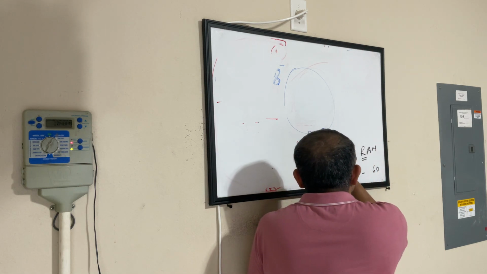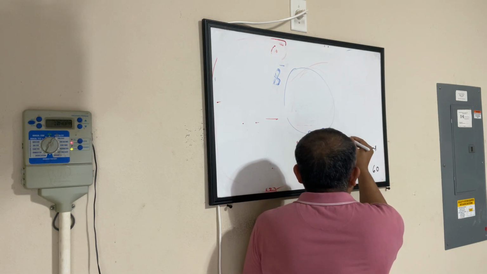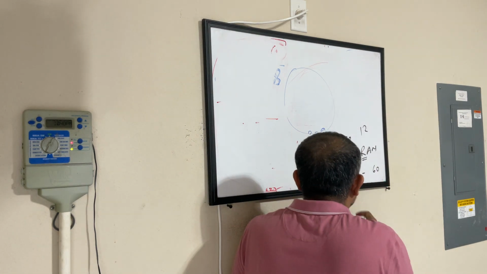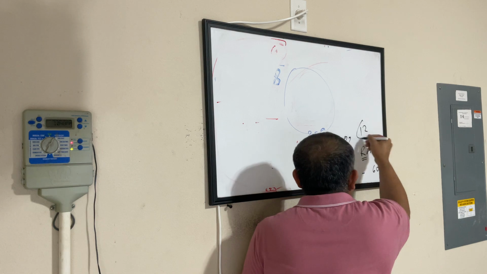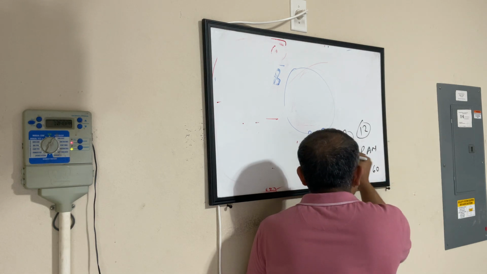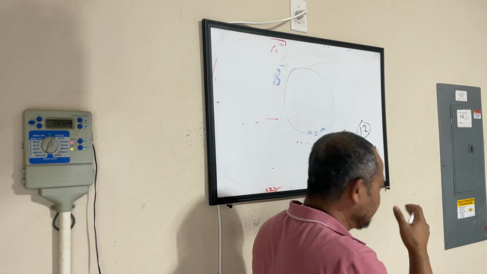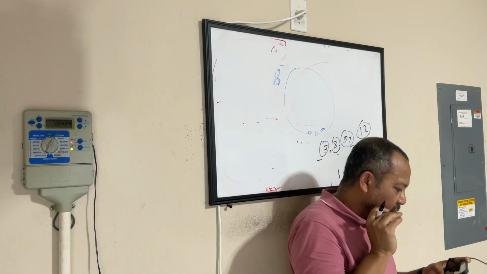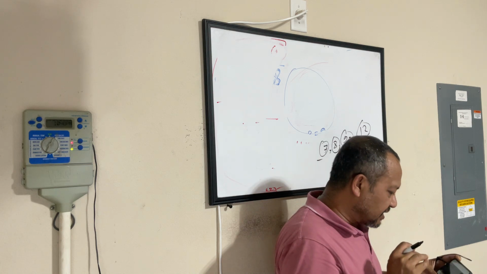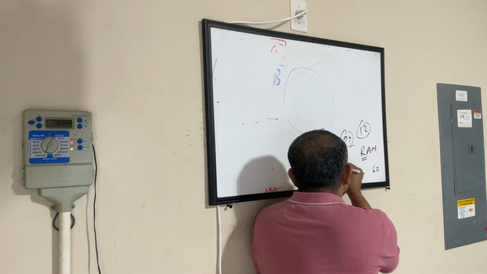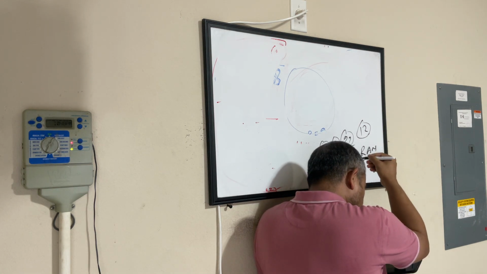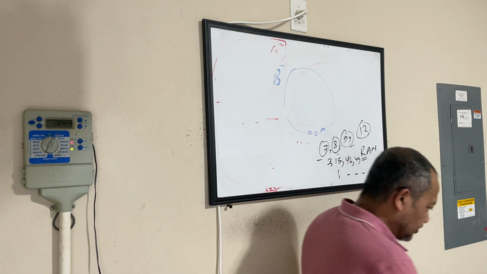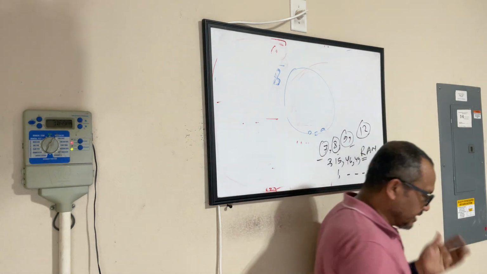So let's say 7, 8, 9, 12. These are the four winning numbers. Regardless of the order, if you are getting 8, 12, 9 and 7, or 7, 8, 9, 12, it doesn't matter. These four numbers have to be picked up for the player to win. What is the probability that the winning numbers are 3, 15, 46 and 49?